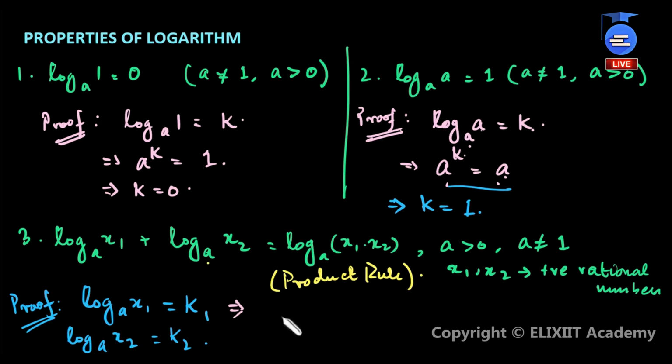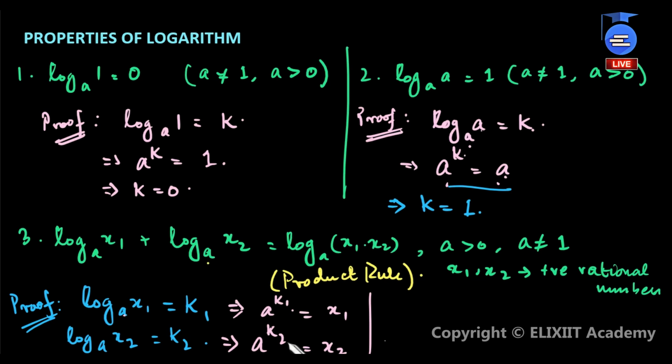Use the property: this is the power, so base to the power k1 is equal to x1. Similarly, base to the power k2 is equal to x2. Clear with this? Then what we do? Multiply them.